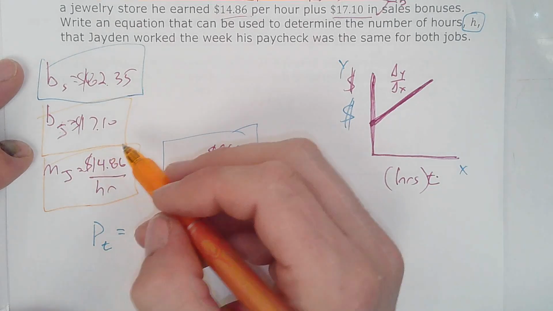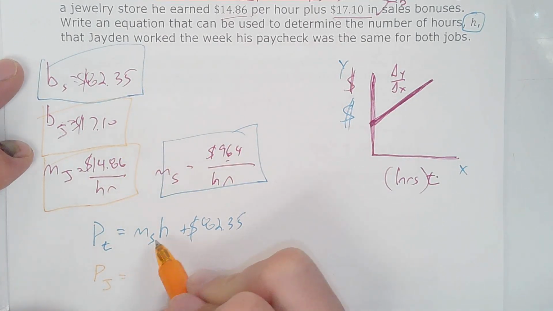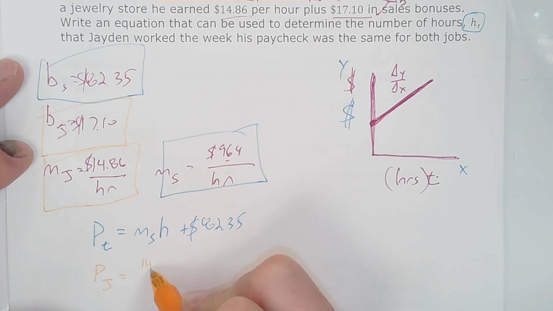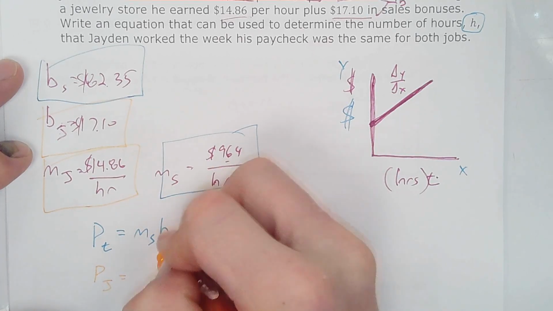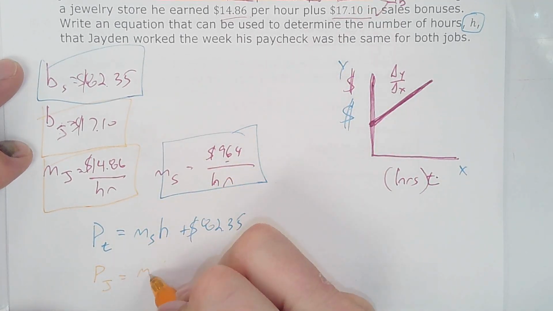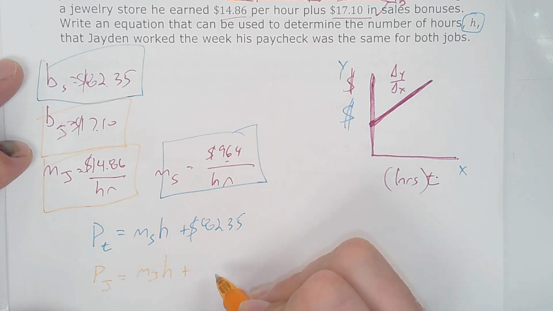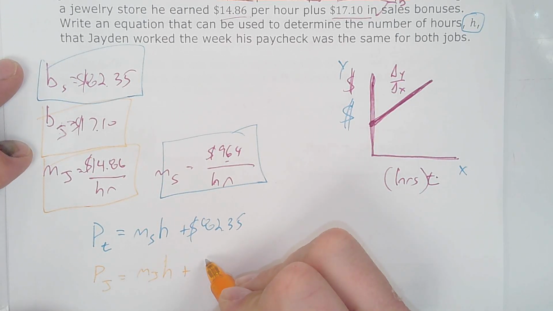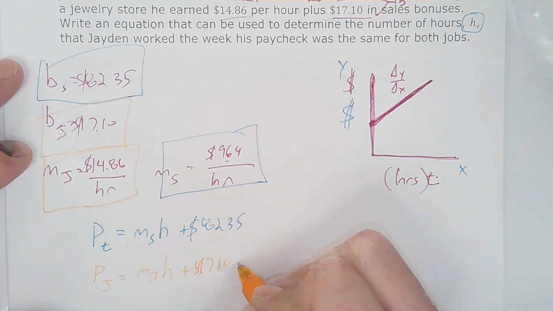Okay, and then for an equation for my jeweler, it makes 14.86 per hour, but we don't have to plug in numbers yet. It's going to be my slope of my jeweler times H plus my kicker, which is my y-intercept, which was 1710 in sales.